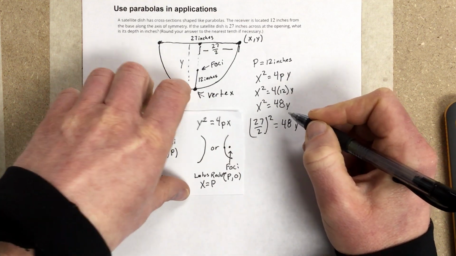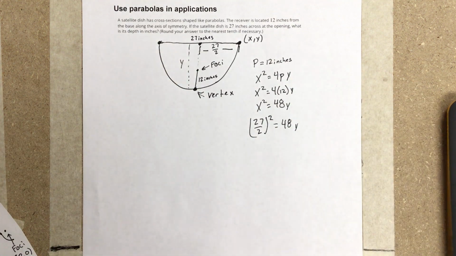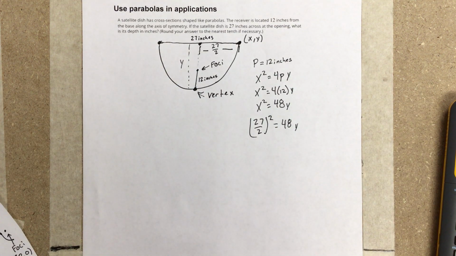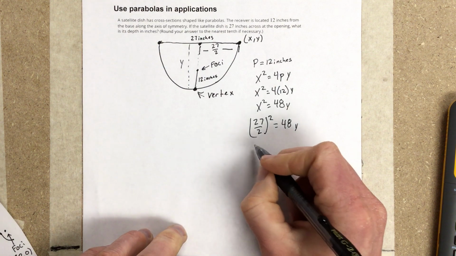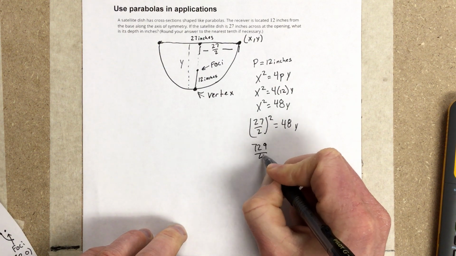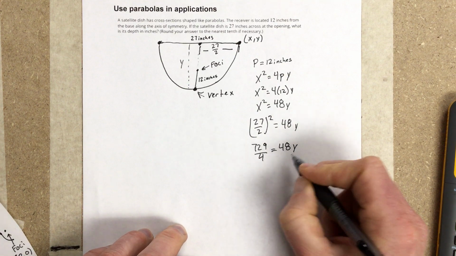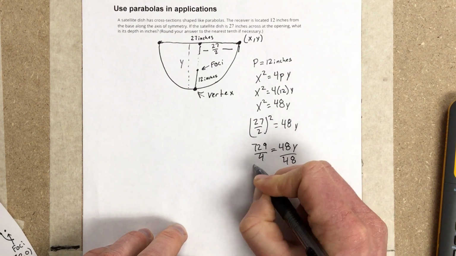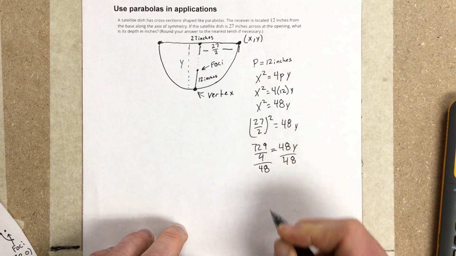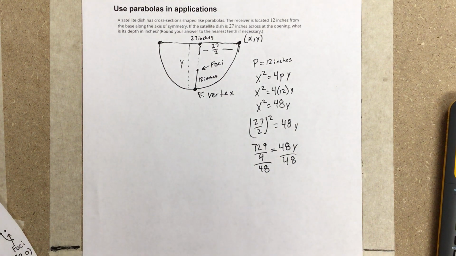When I square that piece, I get 27 squared, which is 729 over 4, is equal to 48y. Now I'm going to divide by 48 on each side.